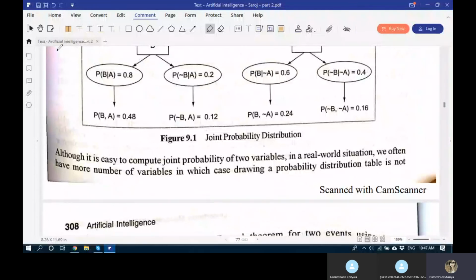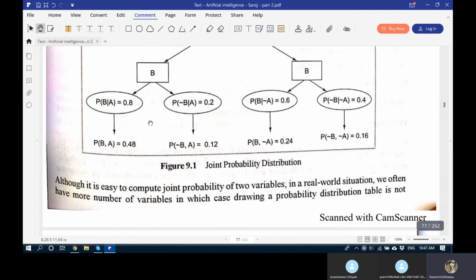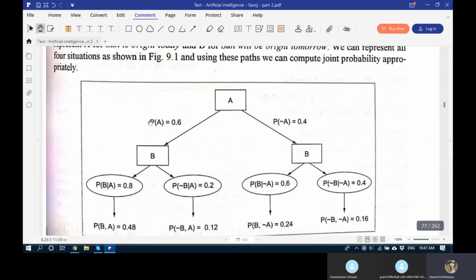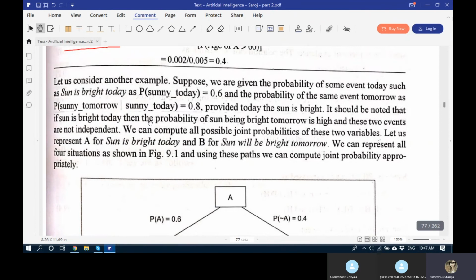Here, in this we are considering the probability of some event today, such as the sun is bright today.